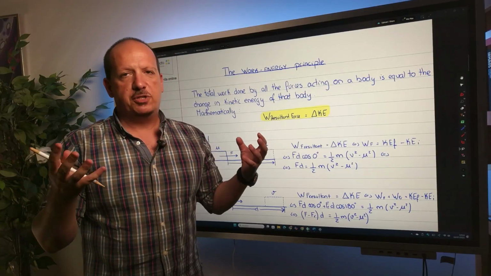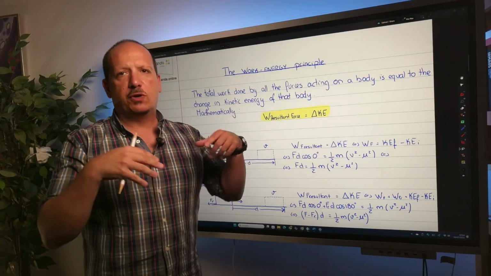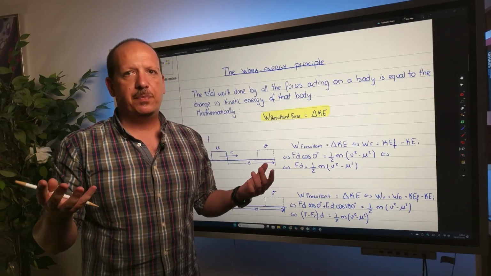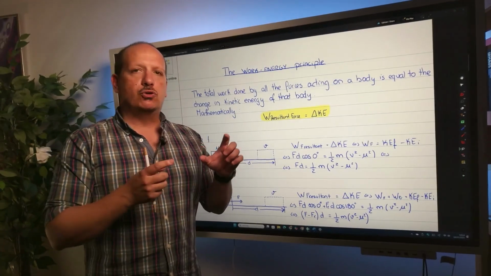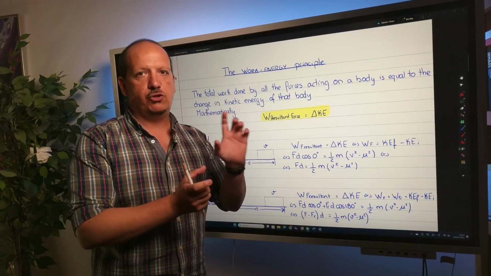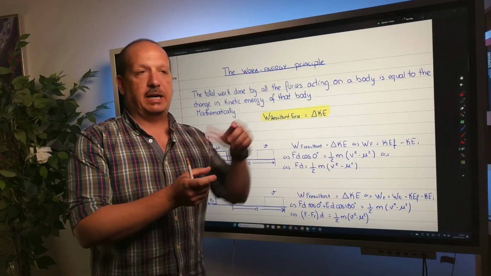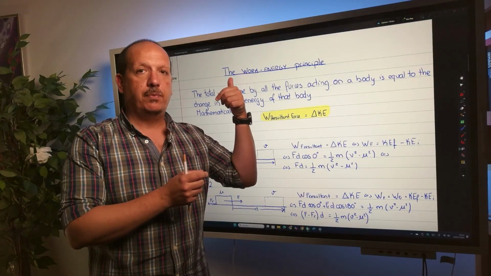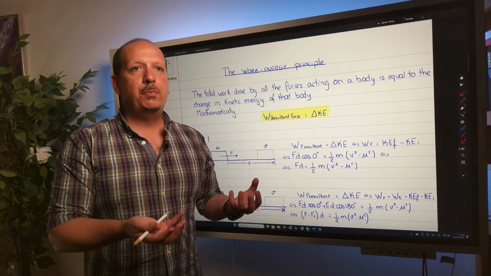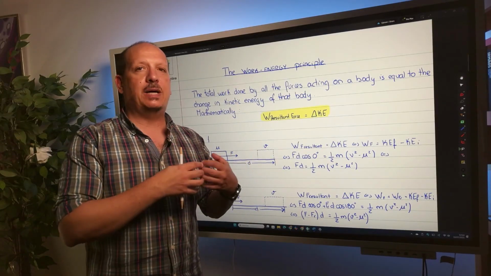Imagine whatever object, and you have a multitude of forces applied to it in different directions. Doesn't matter how many. If you were able to calculate the contribution in terms of work of each individual force by using that formula that we learned before, and you added them together, what would be the outcome from the perspective of the object?